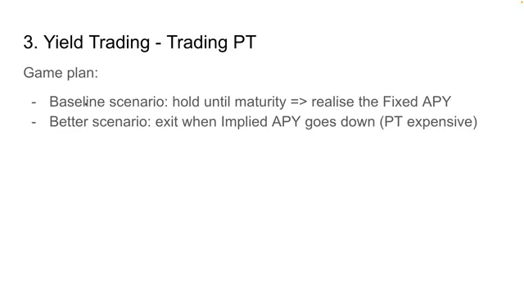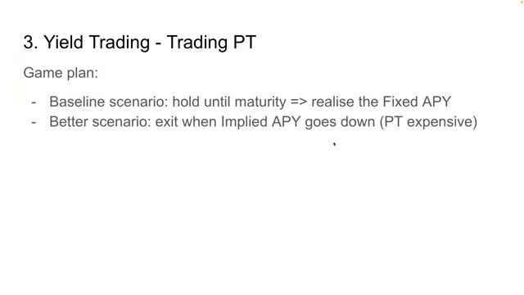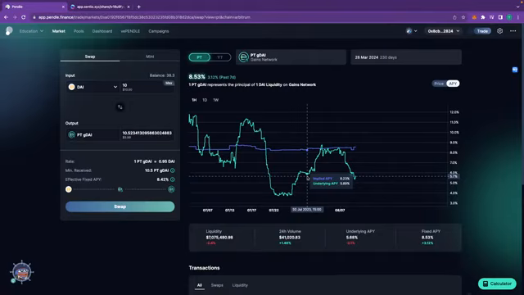Now, on top of the baseline scenario, there can be a better scenario to exit my PT position when implied APY goes down. Implied APY goes down means PT is expensive, like if you refer to the pricing guideline just now. So let's just say for the sake of example that right now I bought 10.5 PT to let's say in 1 week.